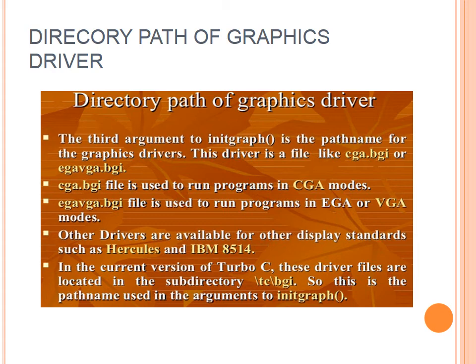Now let's see what the directory path of the graphics driver is. The third argument of initgraph is the path name for the graphics driver. This driver is a file like CGA.BGI or EGAVGA.BGI. The CGA.BGI file is used to run programs in CGA modes, and the EGAVGA.BGI file is used to run a program in EGA or VGA modes.